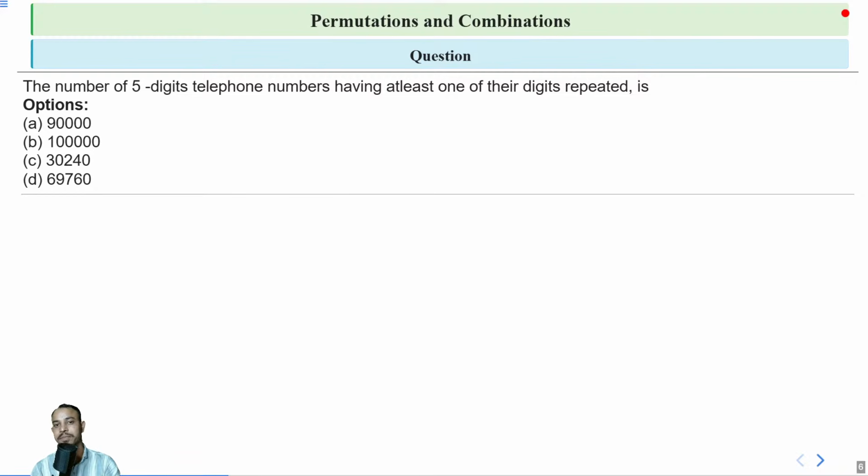Which option is correct? Please give your answer in the chat section. Everyone do it.